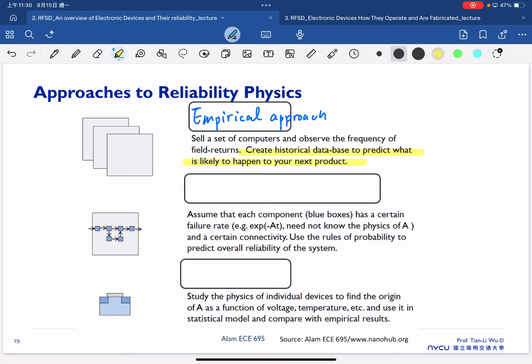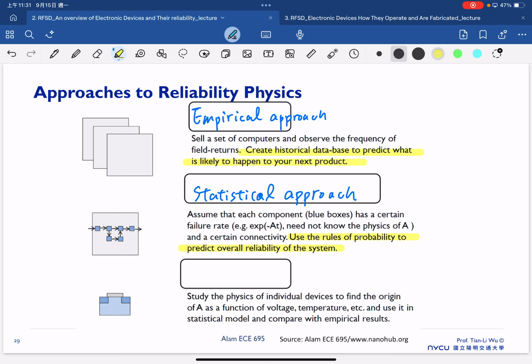And second one is statistical approach. So assume that each component has a certain failure rate, just like this one, and we need not know the physics of A and certain connectivity, and use rules of probability to predict overall reliability of the system.